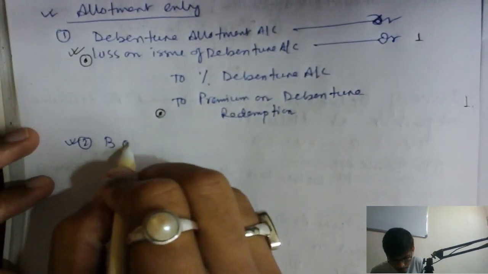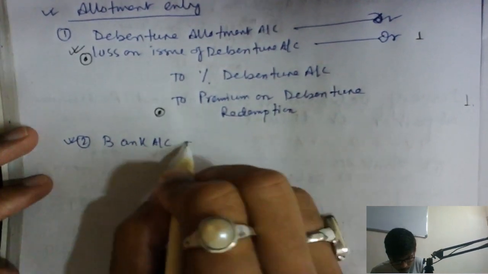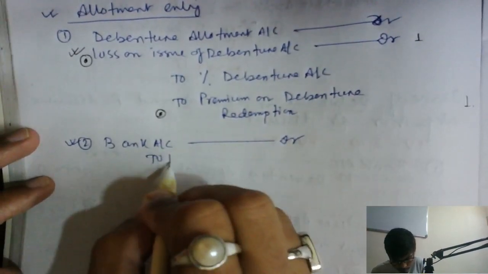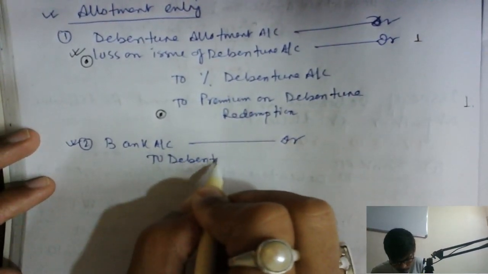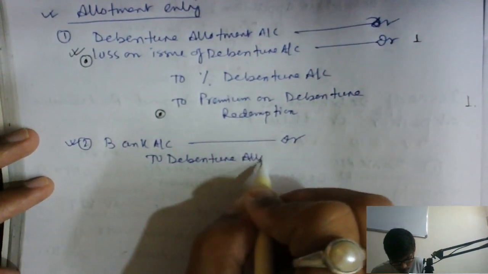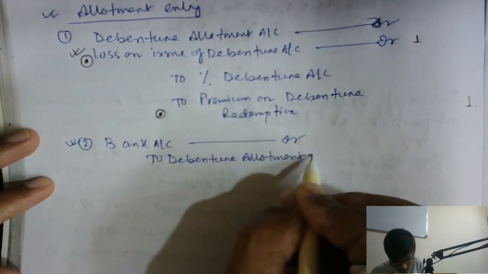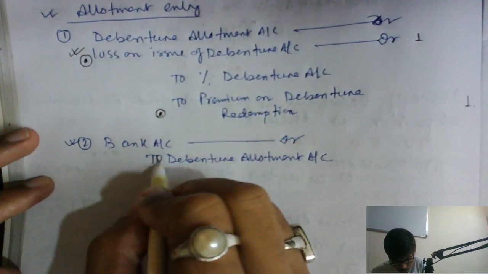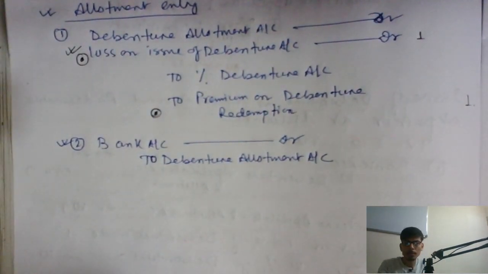Second one, sir, bank account debit to debenture allotment account. It is a journal entry.